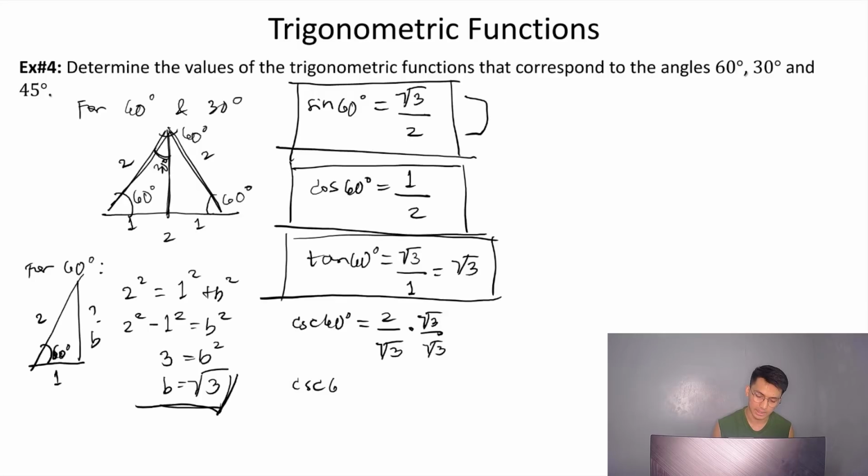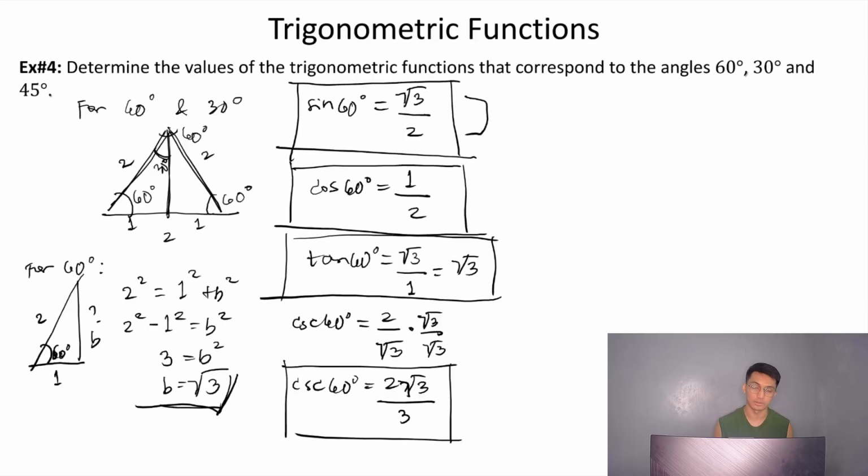Cosecant 60 now is equal to 2 square root of 3 over 3 na lang. Yan ang ating cosecant 60 degrees. For secant is the reverse function of cosine. Therefore, i-reverse lang natin yung value. We have 2 over 1 or simply we have 2 na lang.